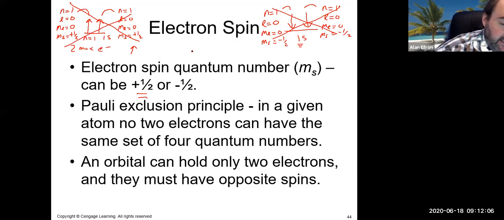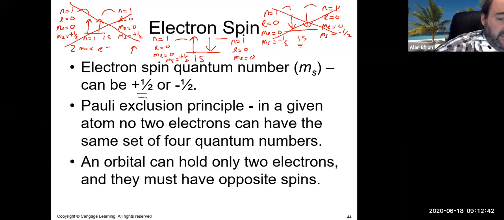So what that leaves us is if we want to put electrons into an orbital, we need to actually put them in opposite directions. And if we do the 4 quantum numbers for the guy on the left, it will end up just like we had on the left-hand side. N equals 1, L equals 0, M sub L equals 0, and M sub S equals plus 1/2, again for this guy. And if we did it for the guy on the right, N would equal 1, L would equal 0, M sub L would equal 0.